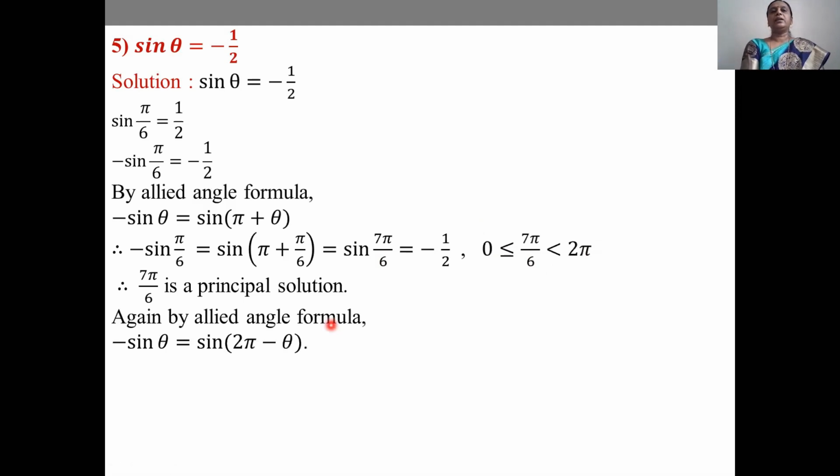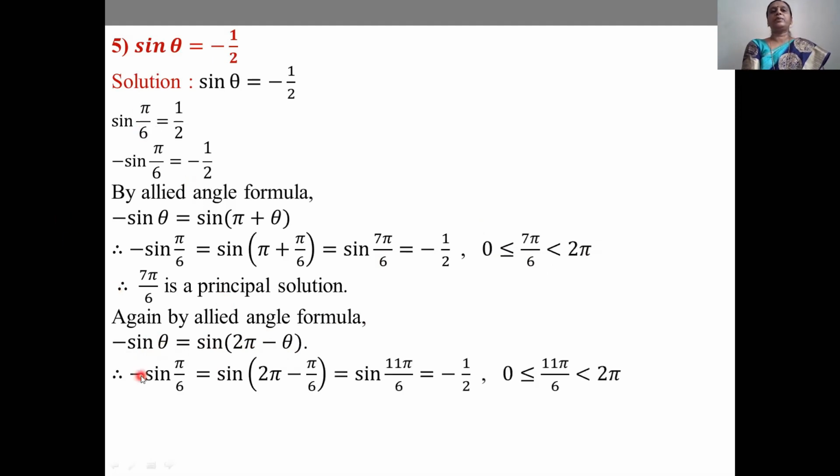To find the next principal solution, again use the formula minus sine theta is equal to sine 2 pi minus theta. Again in this formula, keep the value of theta as pi by 6. After keeping the value of theta pi by 6, we get minus sine pi by 6 is equal to sine 2 pi minus pi by 6.